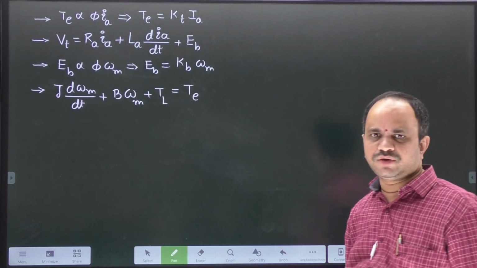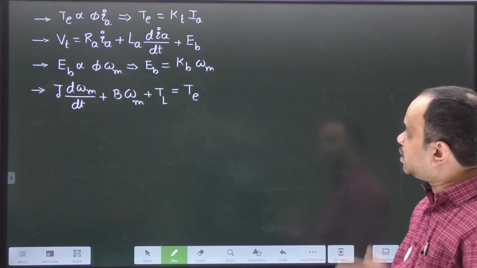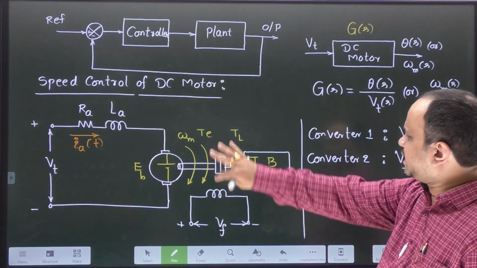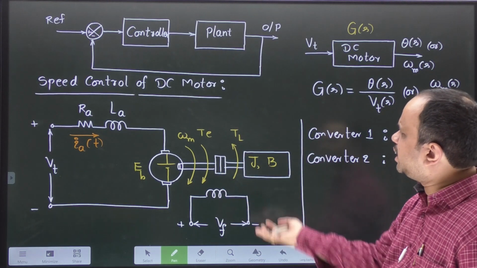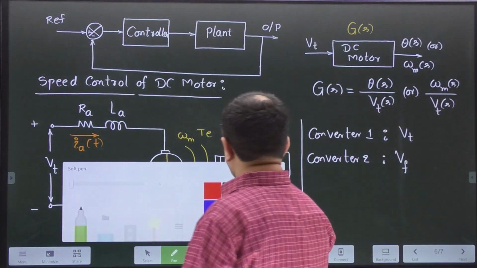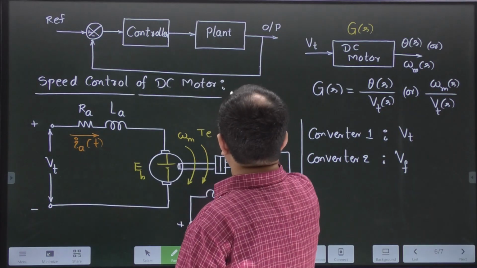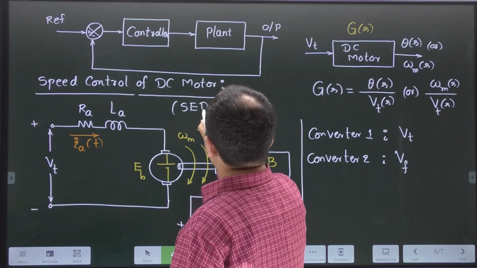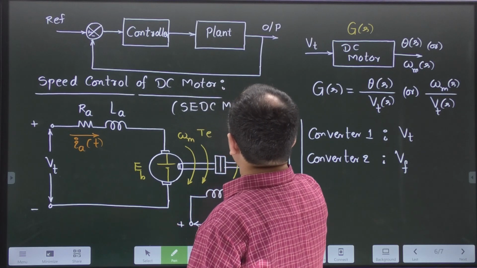So these are the basic four equations that represent this DC motor. Let us assume a separately excited DC motor.